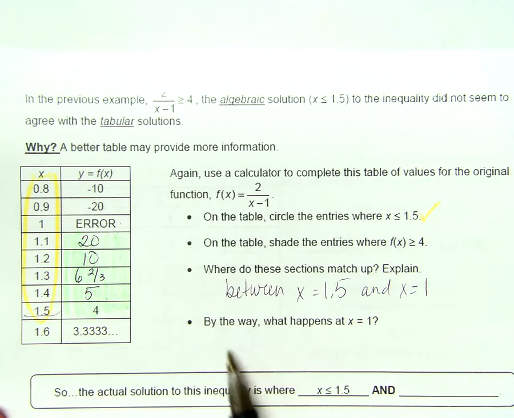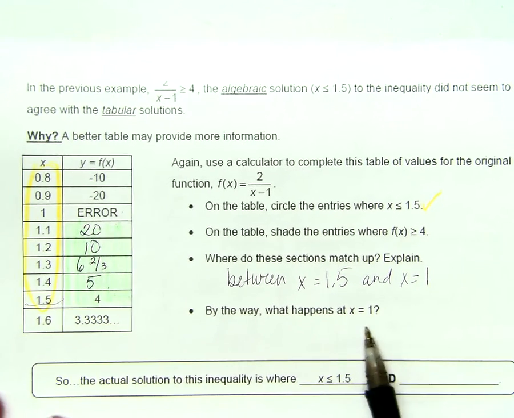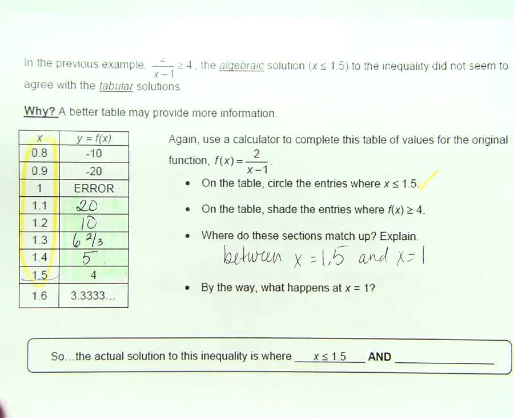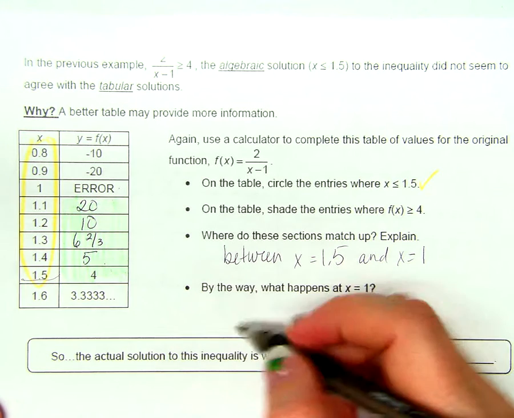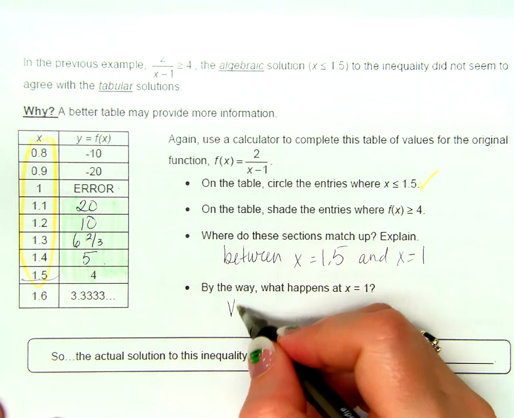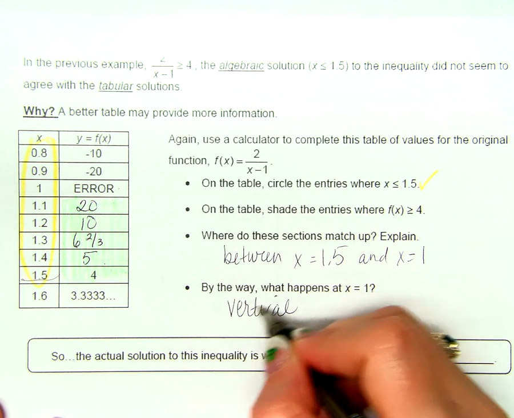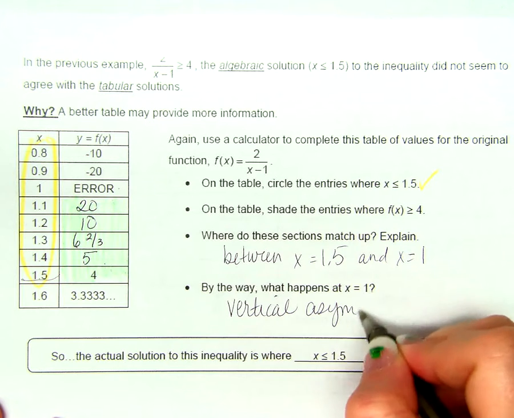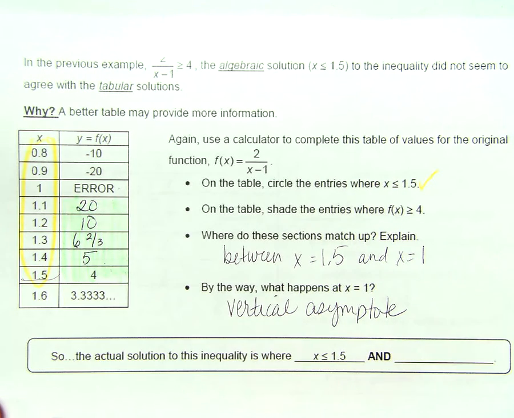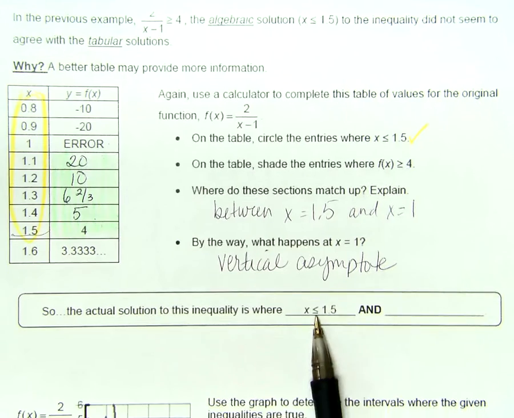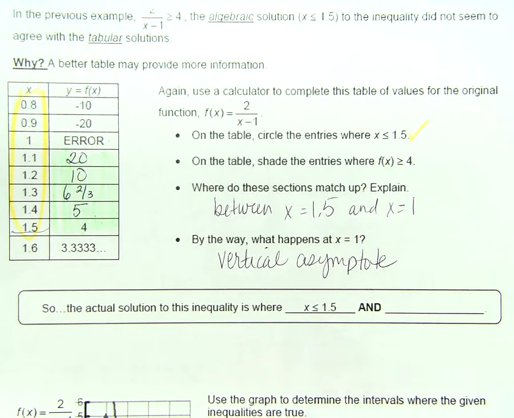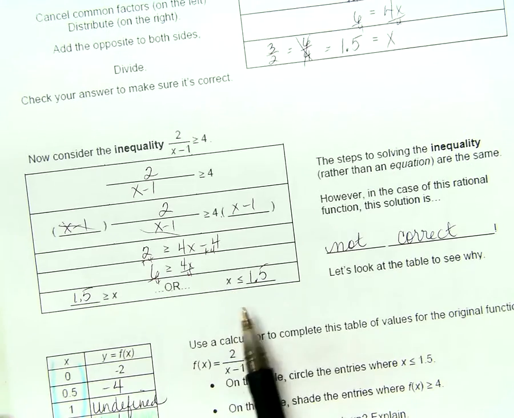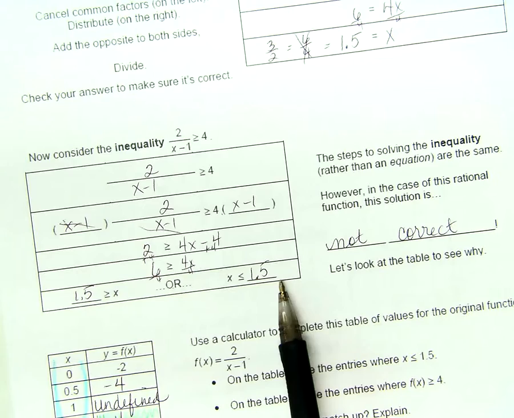Oh, sorry. By the way, what happens at x equals 1? Asymptote. So the actual solution to the inequality, does this look familiar, guys? X is less than or equal to 1.5. Isn't that what I got over here? So that's partly right, right?